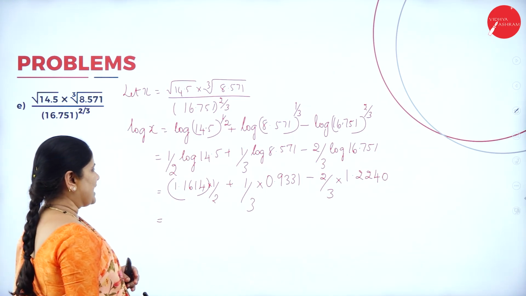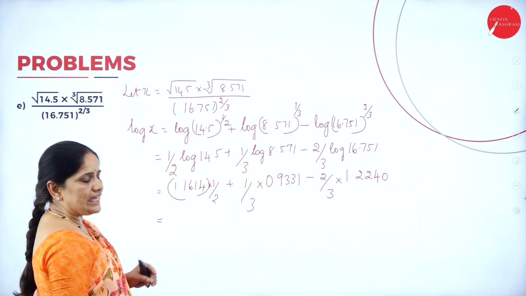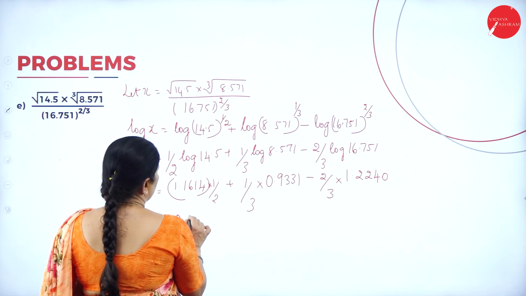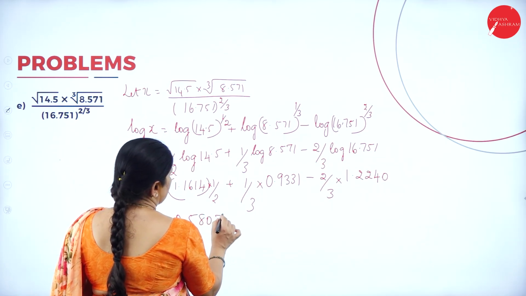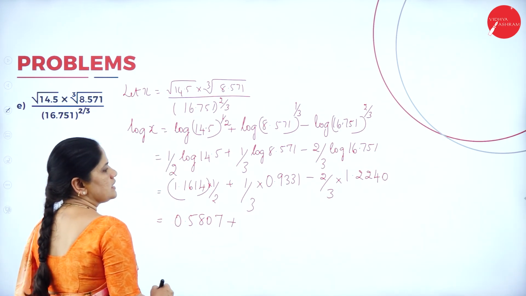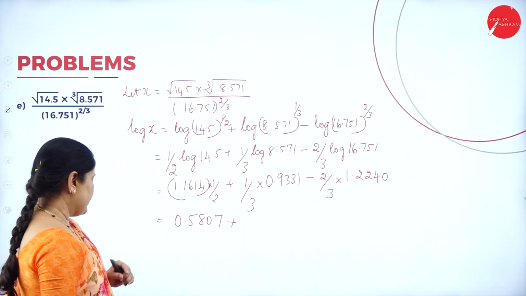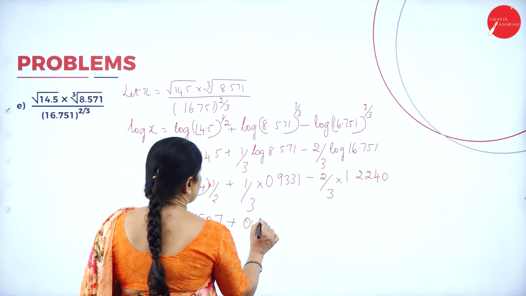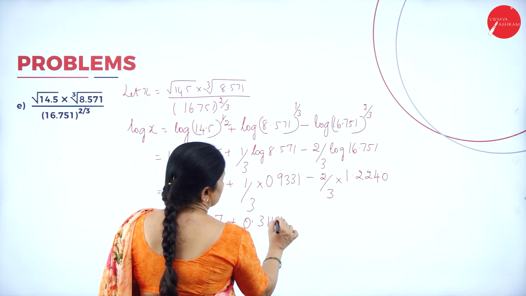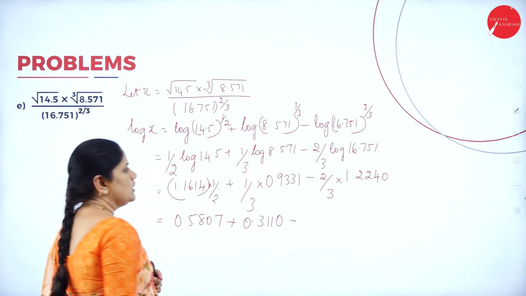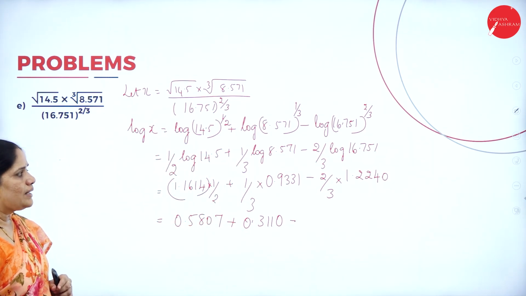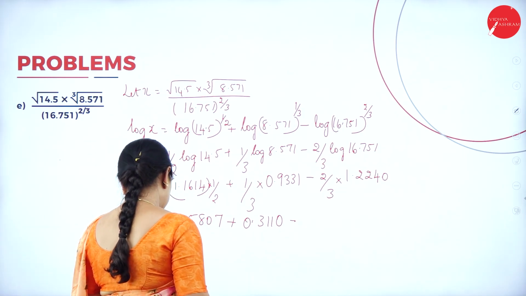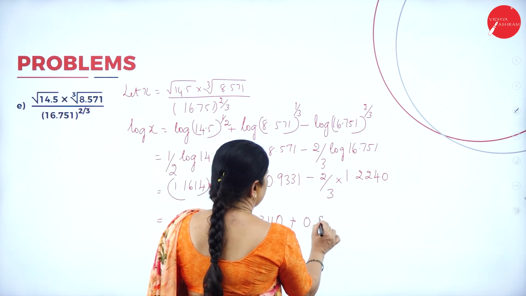Now we simplify this further. So 1.1614 divided by 2, I get the answer as 0.5807 plus 0.9331 divided by 3, I get 0.3110 minus 2 by 3 into 1.2240. So that comes up to plus 0.816.